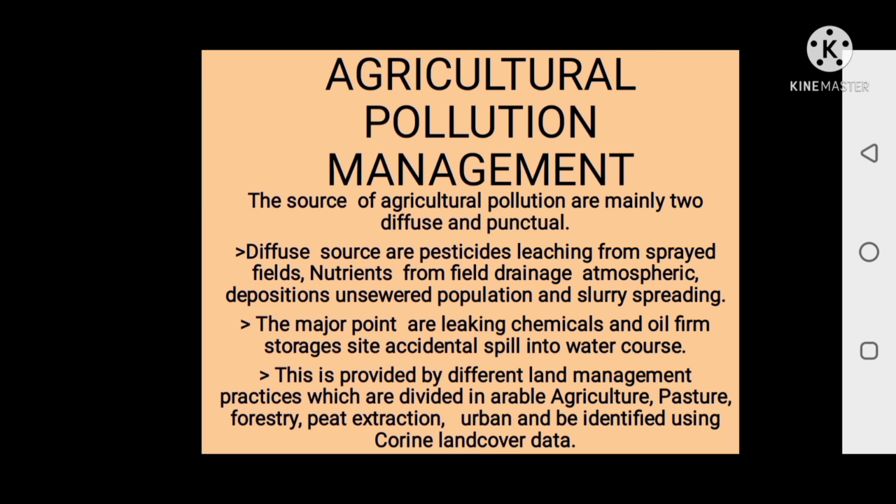to establish exactly the nature of the catchment and identify with precision the origin of the diffuse runoff. This can be provided by different land management practices, which are divided into arable agriculture, pasture, forestry, peat structures, and urban.